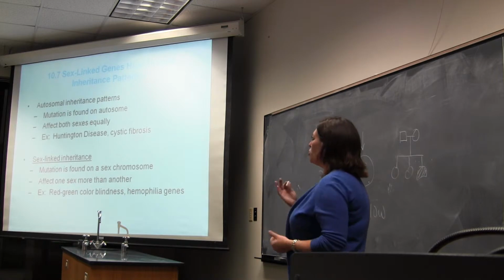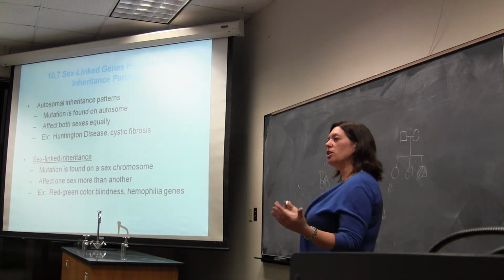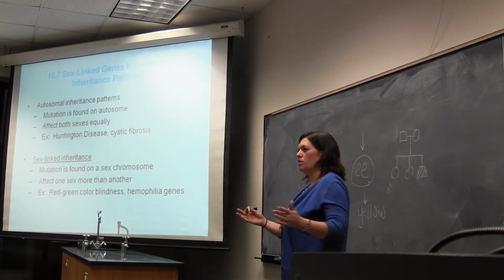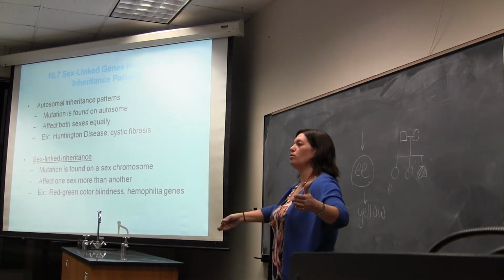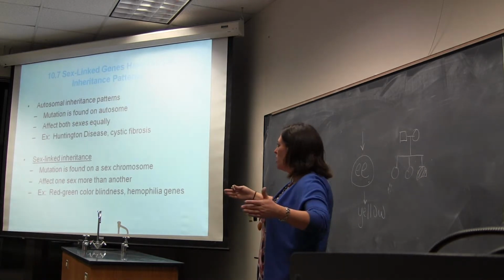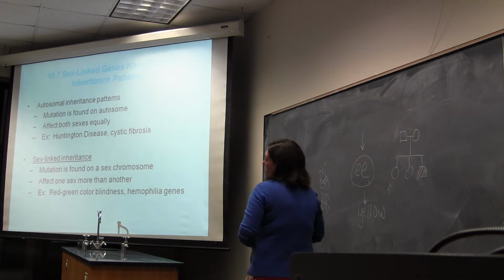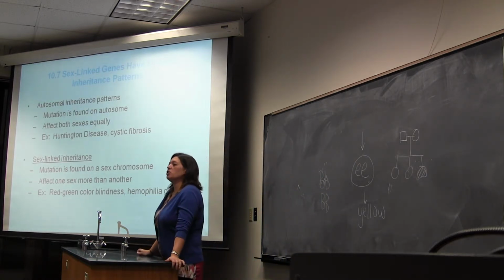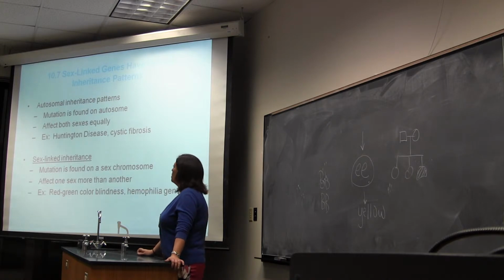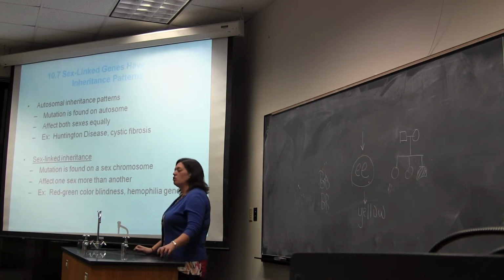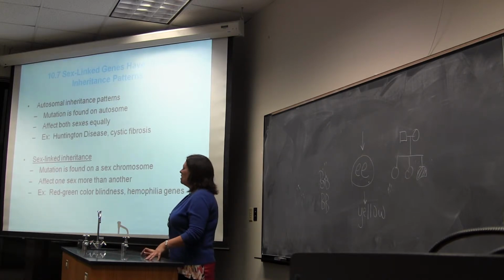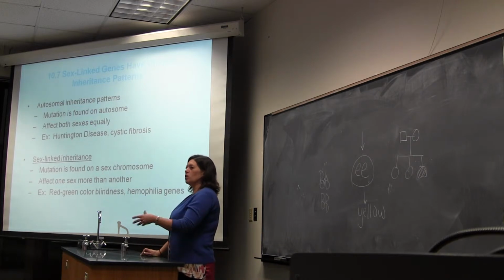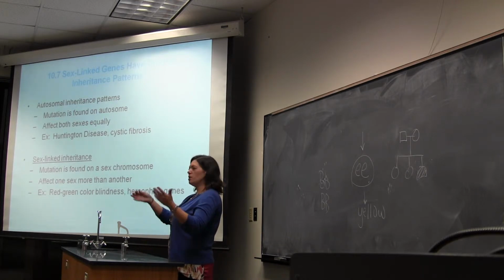So these autosomal inheritance patterns are going to be mutations that occur in your autosomes, in other words, in chromosomes 1 through 22. Examples of this are the simplistic genetic diseases that we've talked about before. Huntington's disease has a mutation in one protein; that mutation occurs within one of the autosomes, so you end up getting the disease.